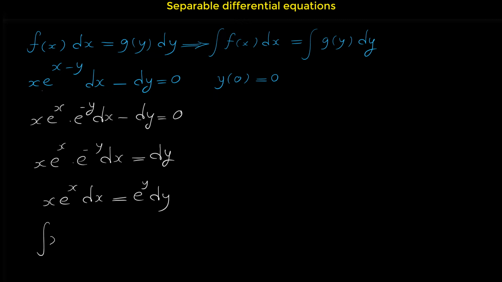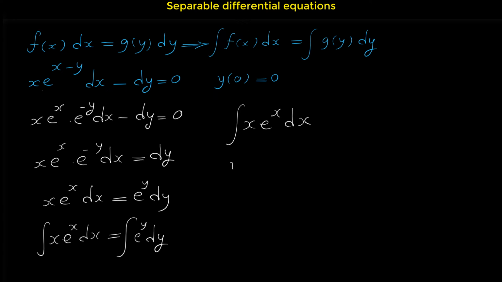So integral of x times e to the power of x dx equals integral of e to the y dy. For finding the integral of x times e to the x dx, you can use the integration by parts technique.